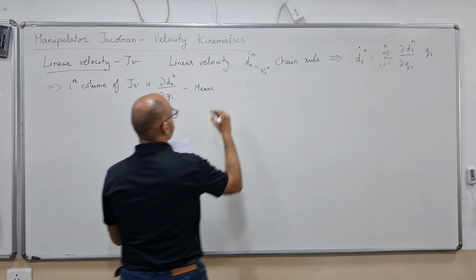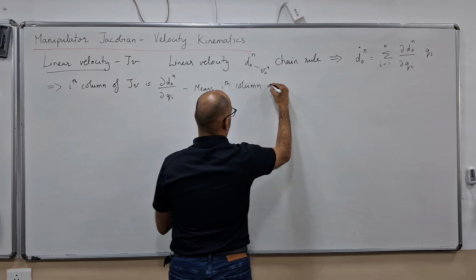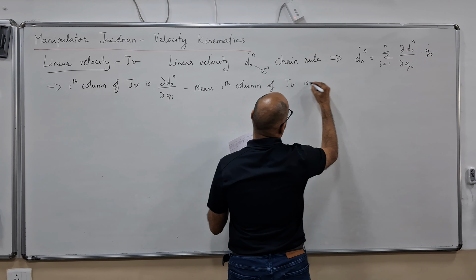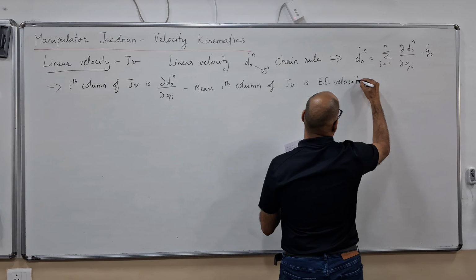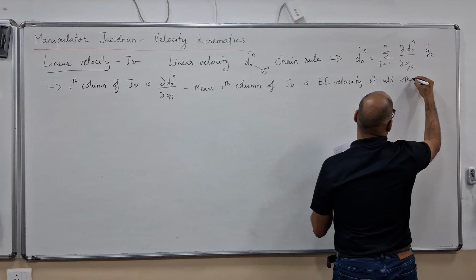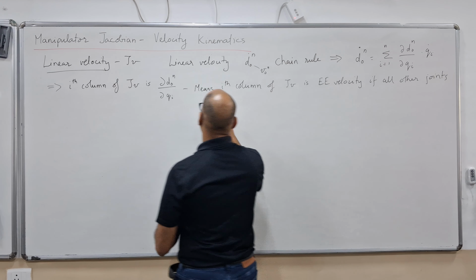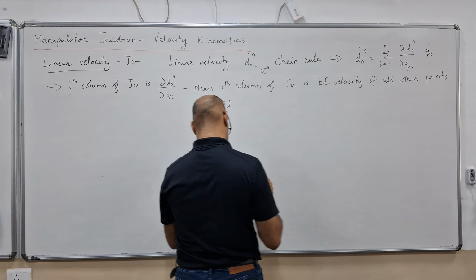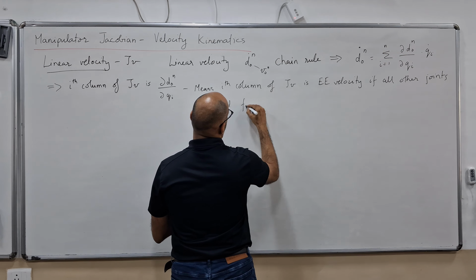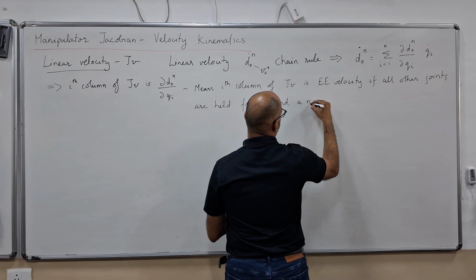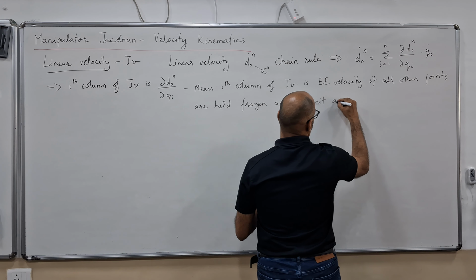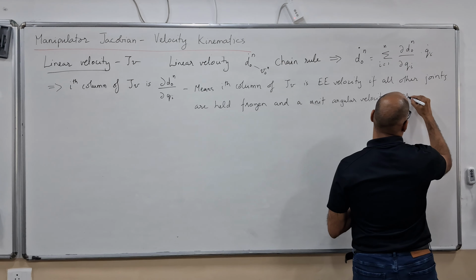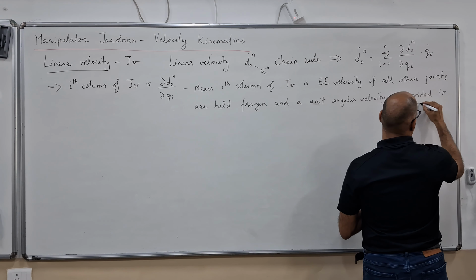Coming back here, this means the ith column of JV is the end effector velocity if all other joints are held frozen and a unit angular velocity is provided to the ith joint.